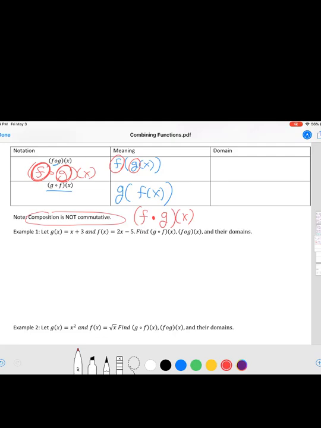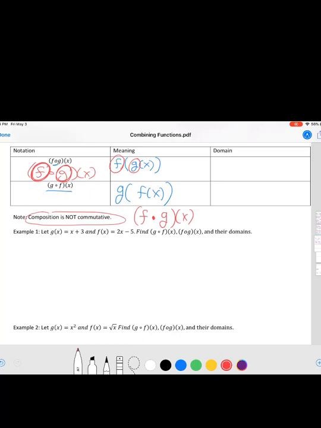Now, domains of composition functions can be a little bit tricky. I'm going to give you the definition of how you would find it and what it means, and then I'm going to show you an easy way to figure that out.